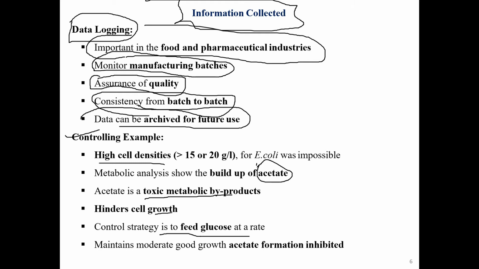This is just an example which shows that while considering high densities, if acetate was used, acetate is definitely a toxic metabolic byproduct. So it can be replaced with glucose. Glucose has no side effects and is not at all toxic, and it maintains a moderate growth rate, whereas acetate cannot. So these are some of the things that we get to know from data logging.